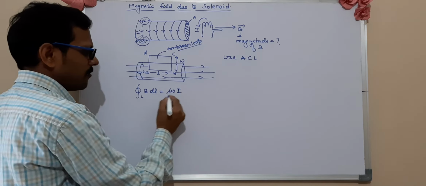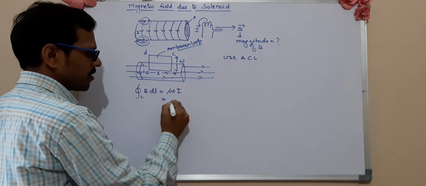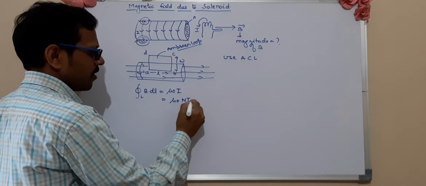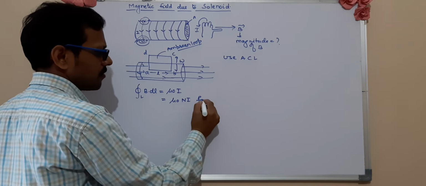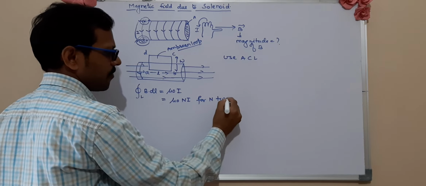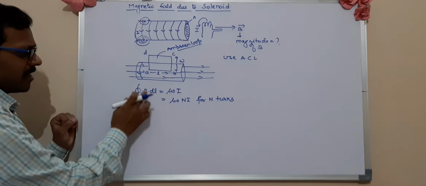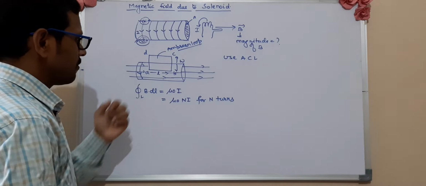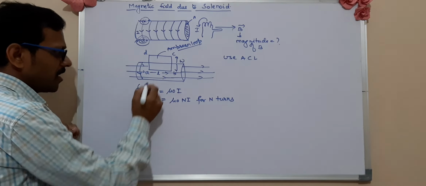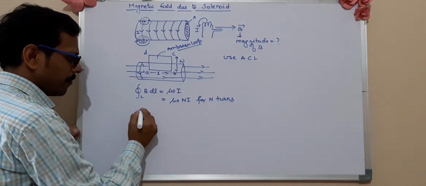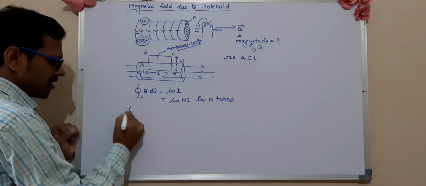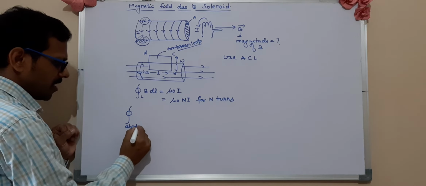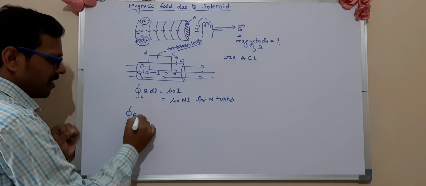If we have more than 1 turn, then this becomes mu naught N I, for N number of turns. Now this line integral of the magnetic field is for the loop ABCDA.